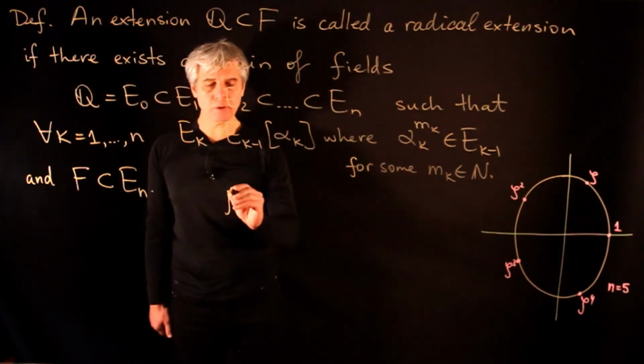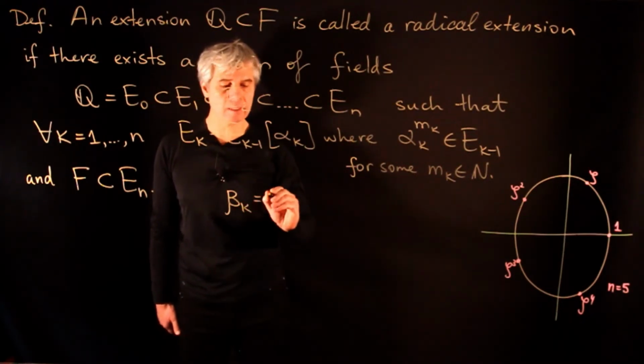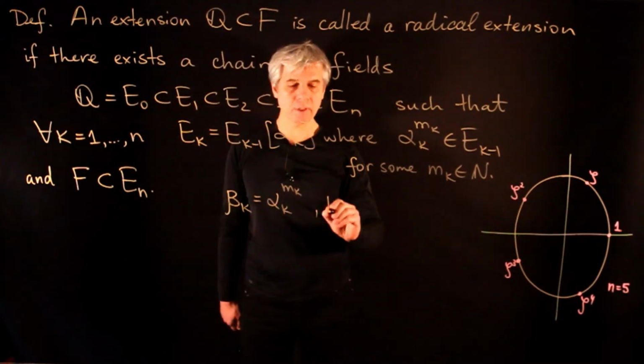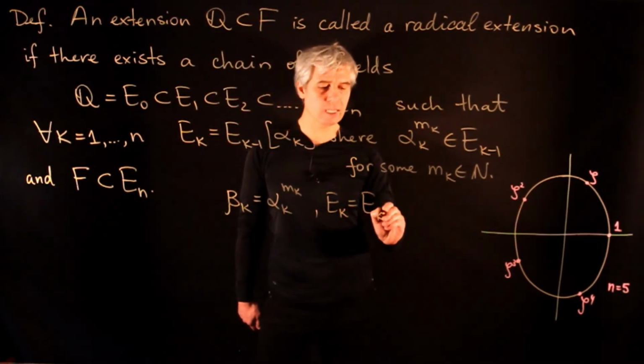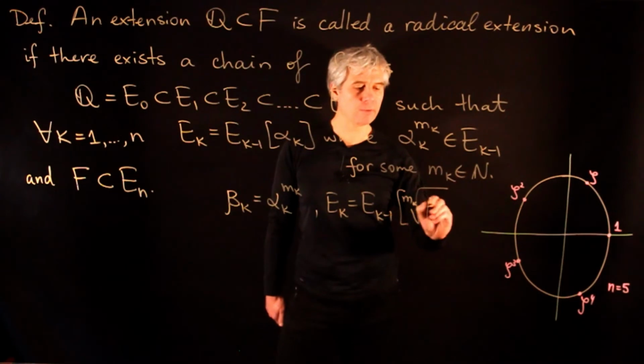Here, if we just denote alpha k to the power mk as beta k, then the field Ek may be thought of as an extension of Ek minus 1 with the root of degree mk of beta k.